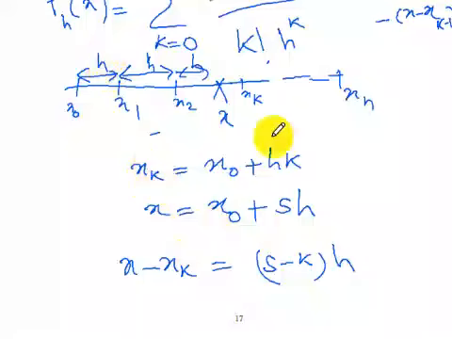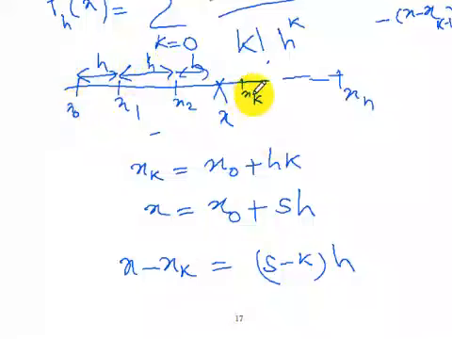So if you pick an arbitrary x point, say xk, then we can write it in terms of x0 and h. If you pick x1, then x1 is equal to x0 plus 1h. If you pick x2, then x2 is equal to x0 plus 2h.